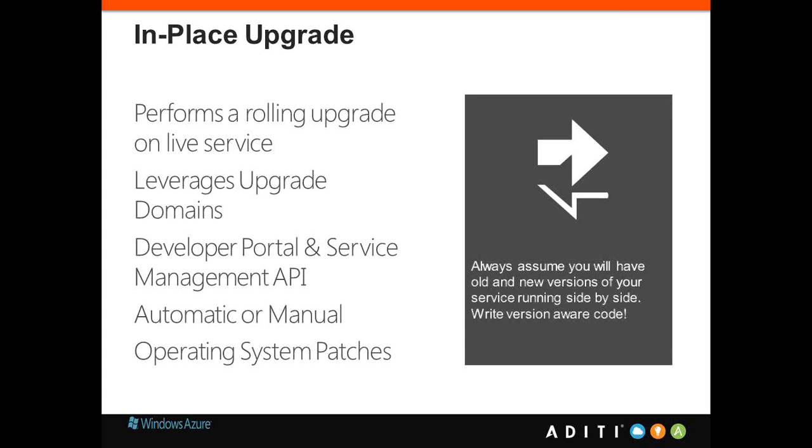One important point when we are taking care of upgrades, automatic or manual: for a very short span of time, your service will actually be running with two different versions. For example, your version 1.0 of an application is already running, and you want to take a new version, 2.0. When the upgrade is happening, for some of the VMs version 2.0 would be running, and for some of the VMs it would be 1.0.